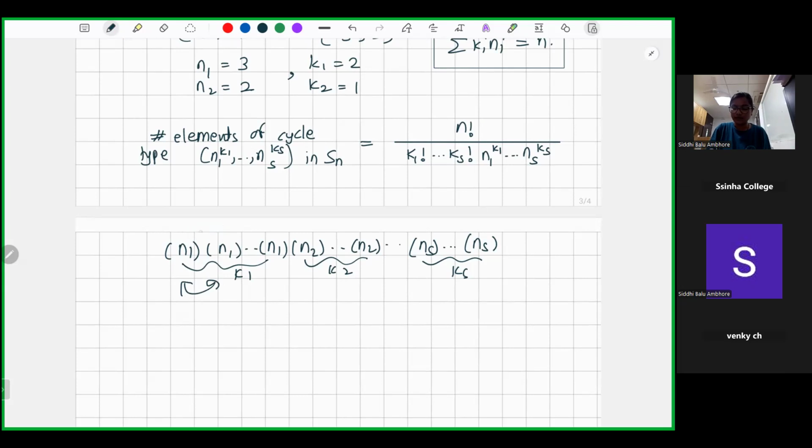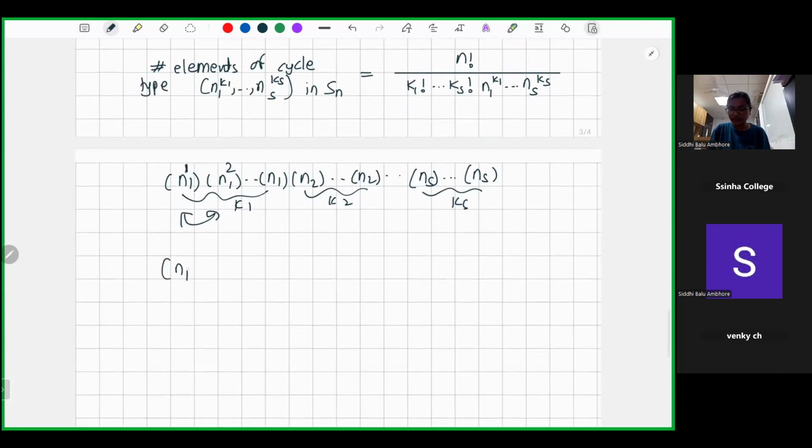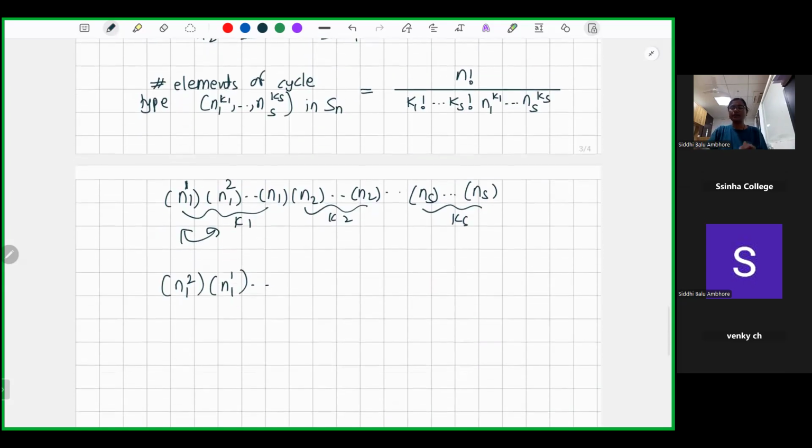So for example, this is n1 and this is n2, then n1 second and n1 first, this number won't differentiate those elements. That's why I need to divide by n1 power k1 up to ns power ks to get rid of those extra elements of this kind.